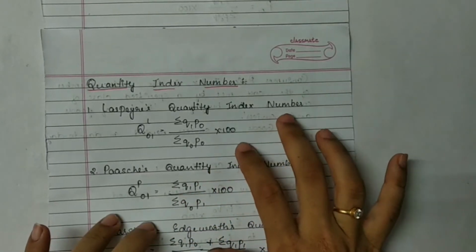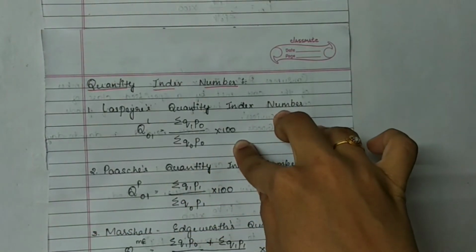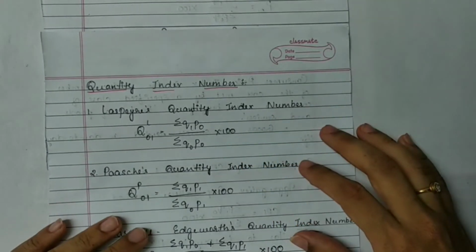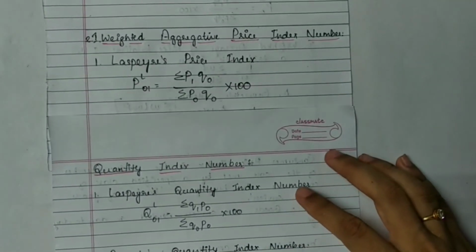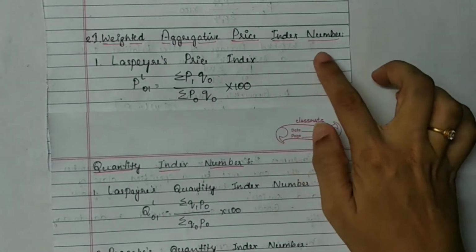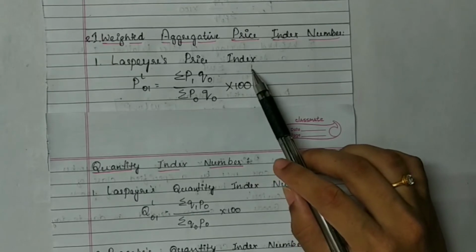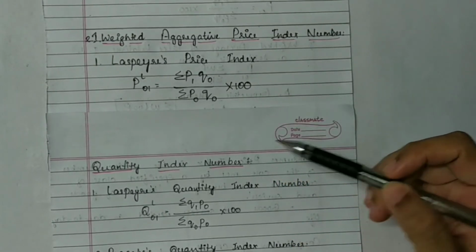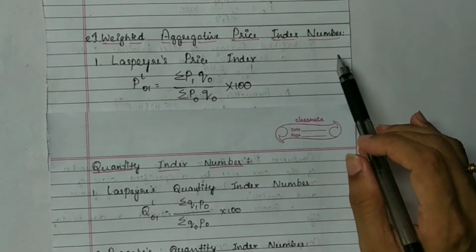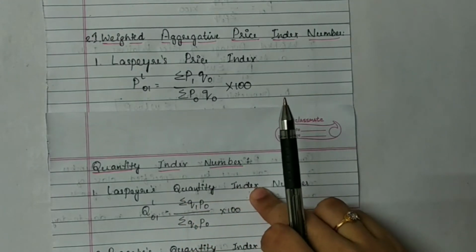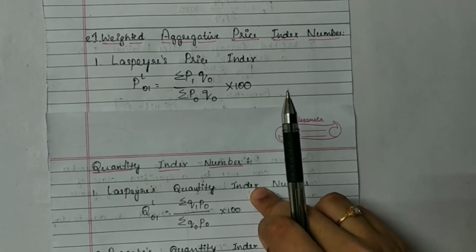Okay. So if you want to compare between quantity index number and price index number, you can see that under weighted aggregative price index number, we had Laspeyres price index number, isn't it? So all the types we had in weighted aggregate price index number, the same we are having here in quantity index number as well, except Kelly's price index number.